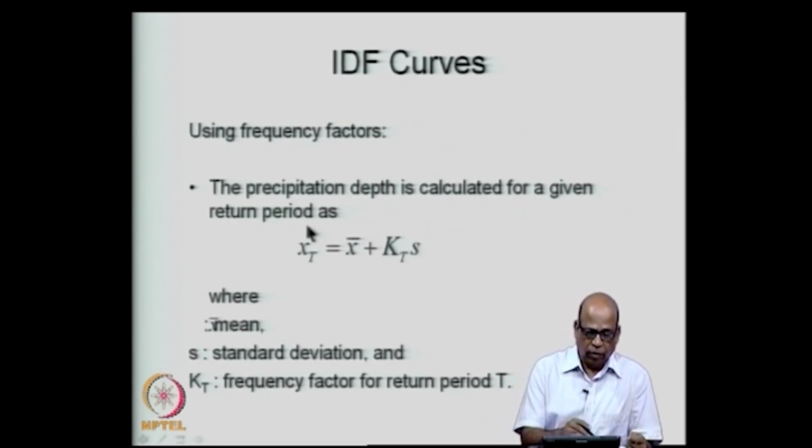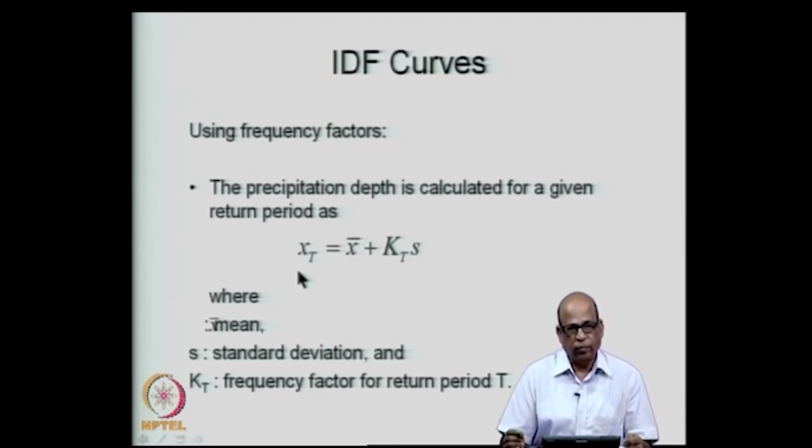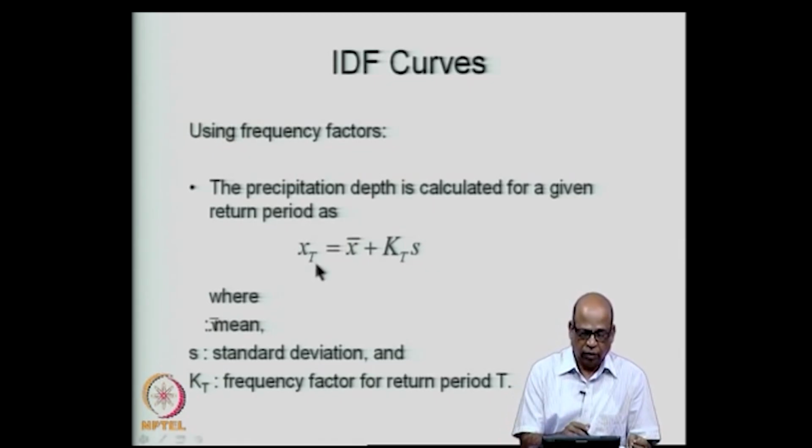For a given return period, this is the frequency analysis relationship: Xt is equal to x bar plus Kt into s, where Kt is the frequency factor, available for various distributions for a given return period T, s is the standard deviation, and x bar is the mean.